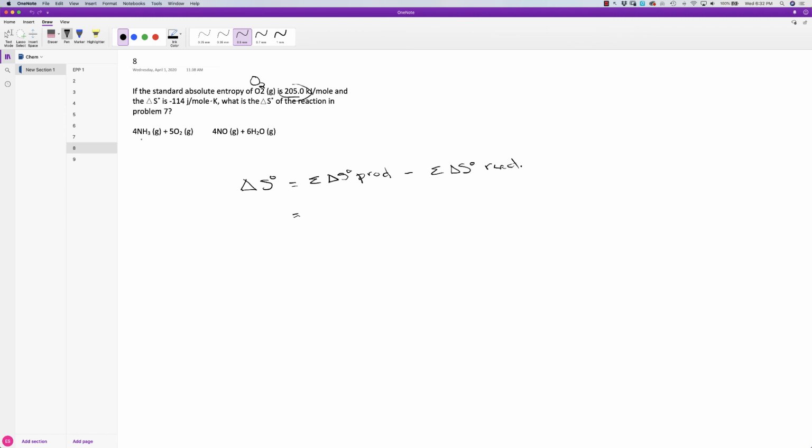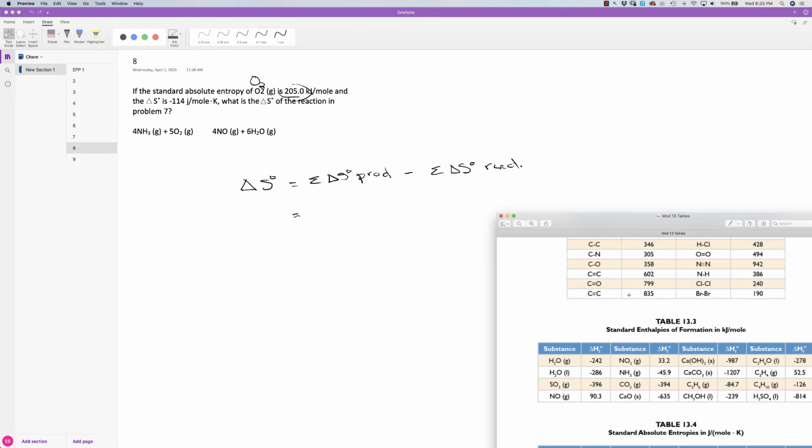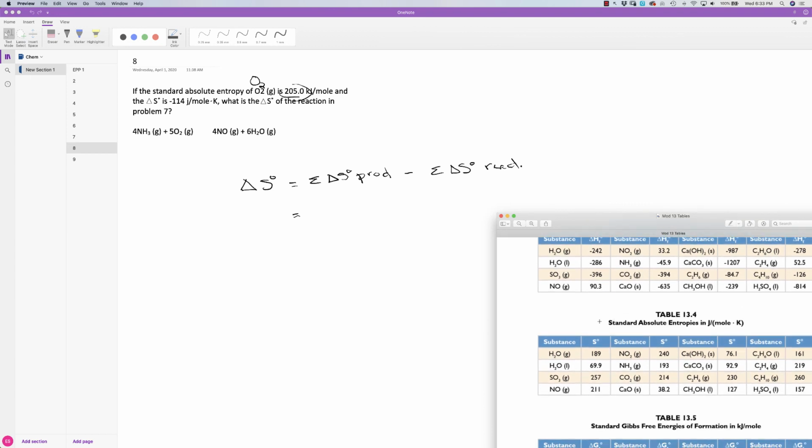We've got 4 ammonia, and when we go to our chart, here's our entropies. We've got NH3. NH3 in the gas state is 193.